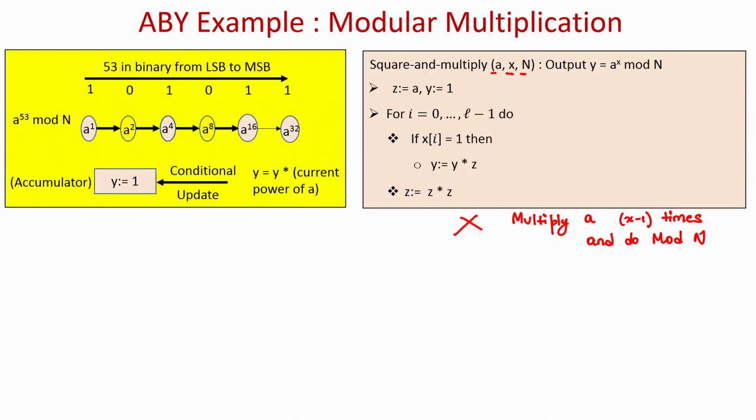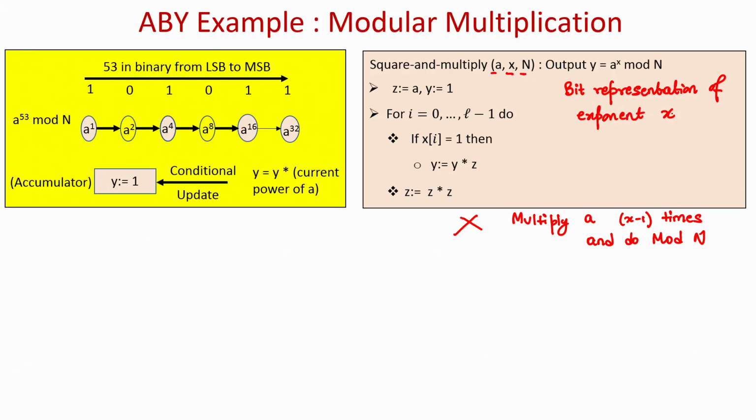And what do we do in the square and multiply trick? We basically focus on the bit representation of exponent x.